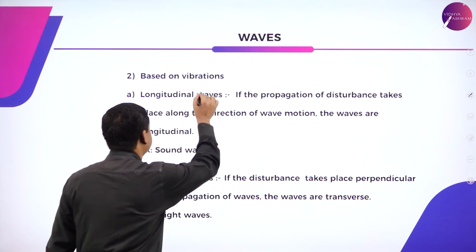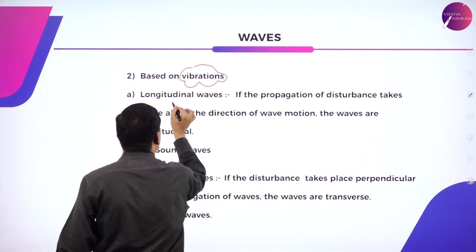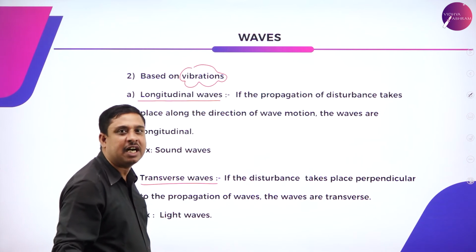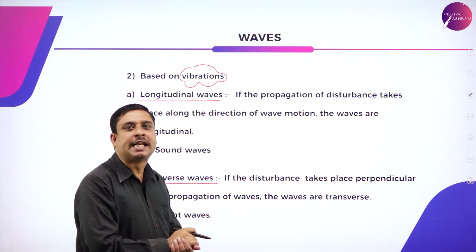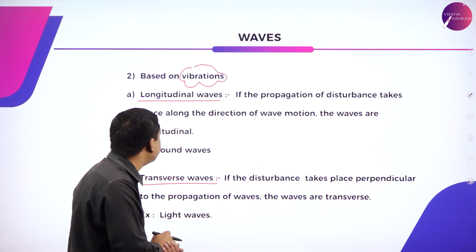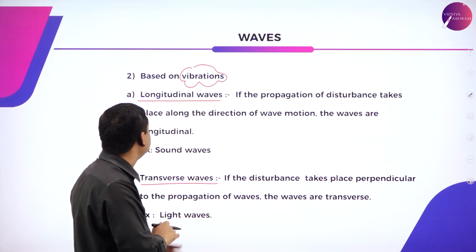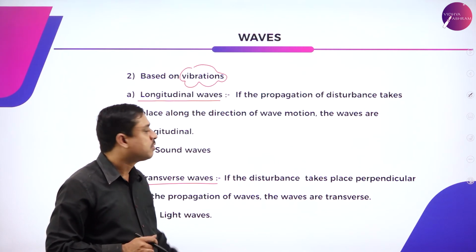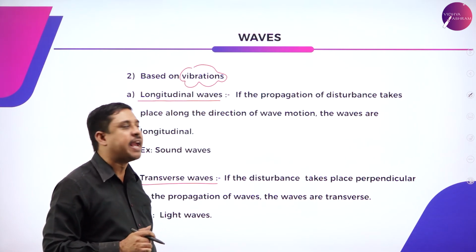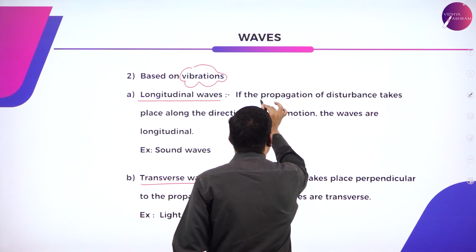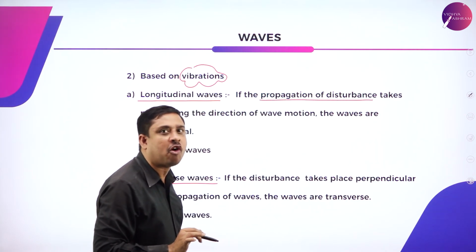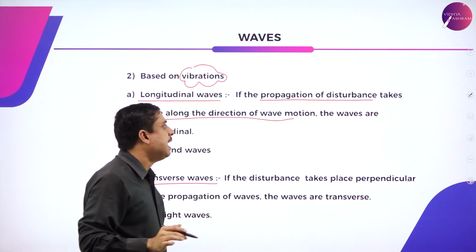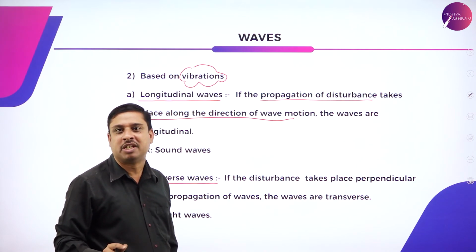Now, based on vibrations, this you have to understand. We have longitudinal waves and transverse waves. Two types of waves based on vibrations of particles. What is the longitudinal wave? Here, the propagation of the disturbance takes place along the direction of wave motion.